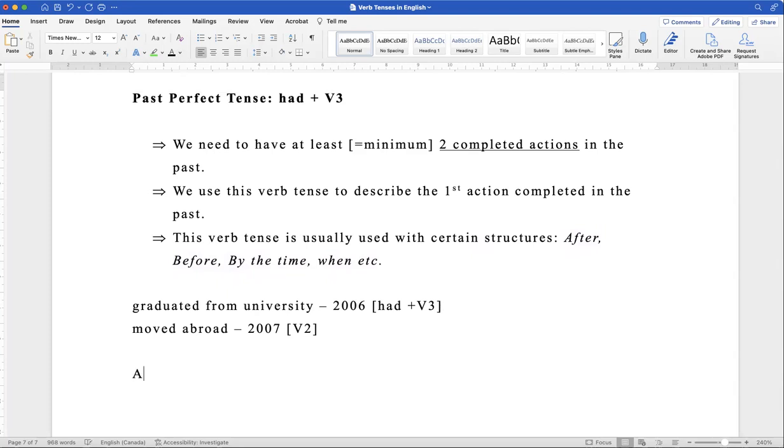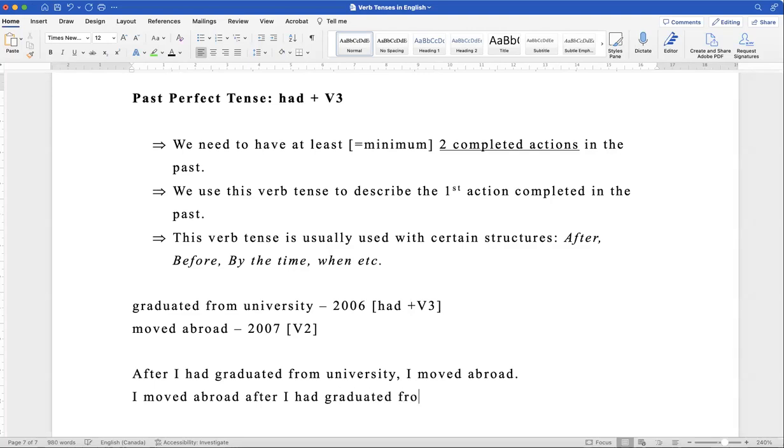So let's write this sentence. After I had graduated from university, I moved abroad. Or I moved abroad after I had graduated from university.